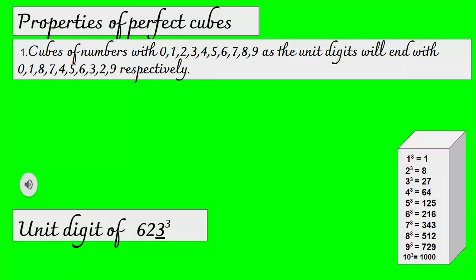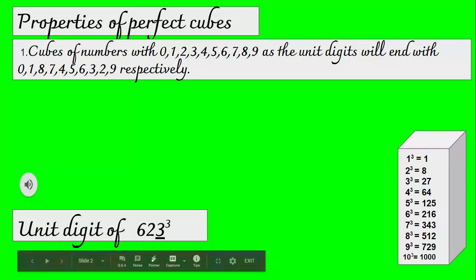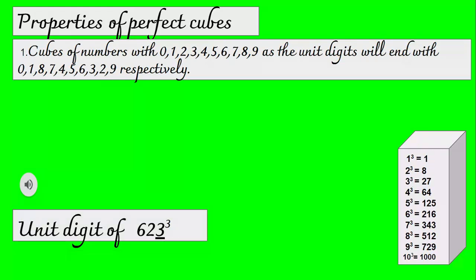So, what is the unit digit here? Here the unit digit is 3. When you look at these values, cube of 3 is 27, right? So that shows when you do the actual multiplication, that is, when you multiply 623 with 623 and multiply again with the product, you would see that the unit digit of the result is equal to the unit digit of the cube of the unit digit of that number.